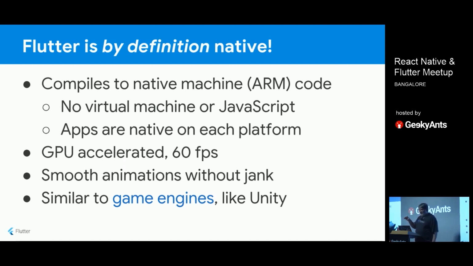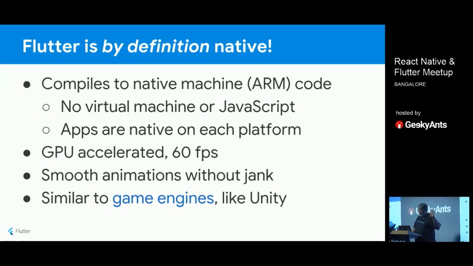One of the nice things about being native is that you have a lot of control over the execution. So it's not that Flutter is incapable of writing jerky animations, but if you see that, you can go in as the developer and fix it because you have control over it, right? Unlike in JavaScript or something where a garbage collection can happen and you have no control over it, right? So that's a thing. And as I said before, this is like game engines like Unity.